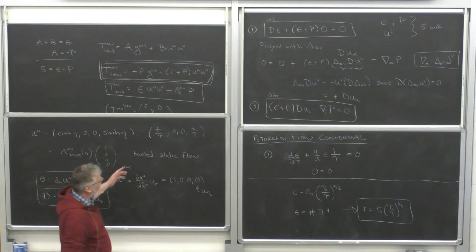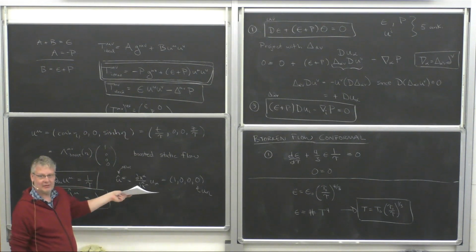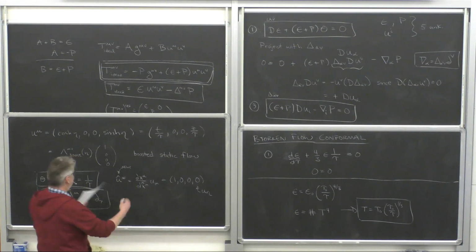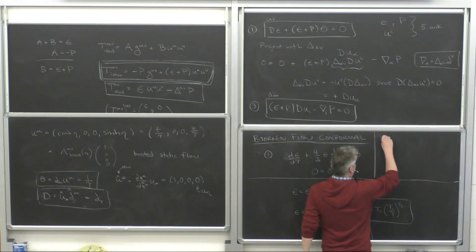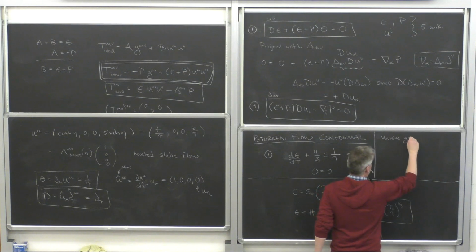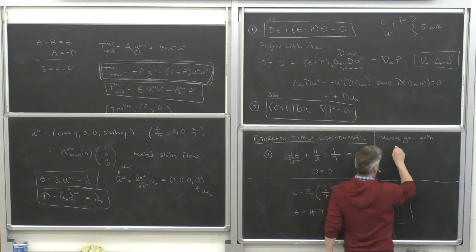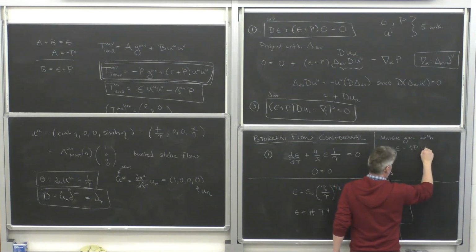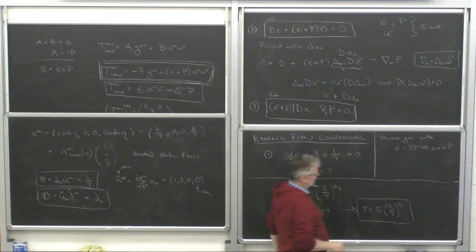Now, you could have had a massive gas with, say, a constant speed of sound instead of a conformal equation of state, and the same kind of formulas. So if it was a massive gas, instead of E is equal to 3P, E is equal to, let's call it, NP here.